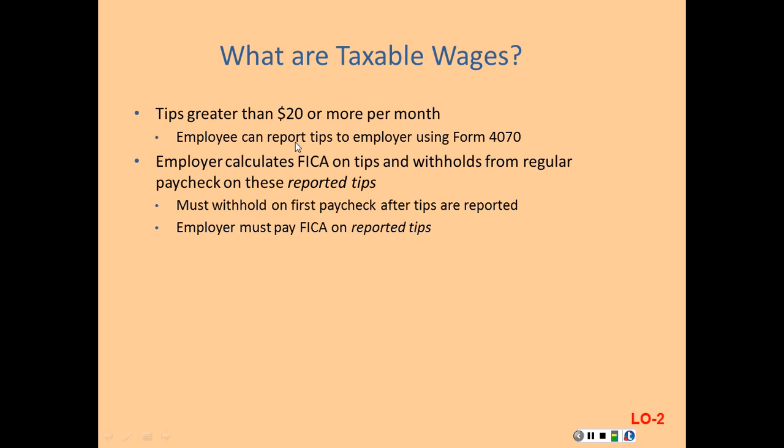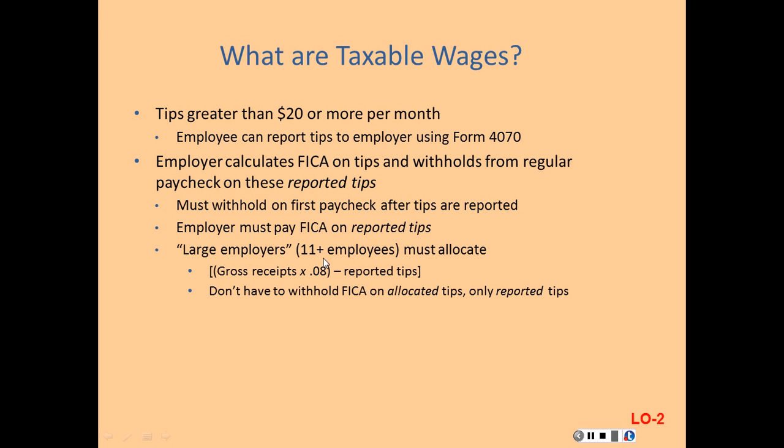So that's a process where the employee is required to tell the employer what their tips were, so that the employer can withhold FICA taxes on the basis of those reported tips. And the employer must do that in the first paycheck after the employee has reported those tips. The employer must match those funds, their share of FICA, on those reported tips. Okay, that's the first idea here.